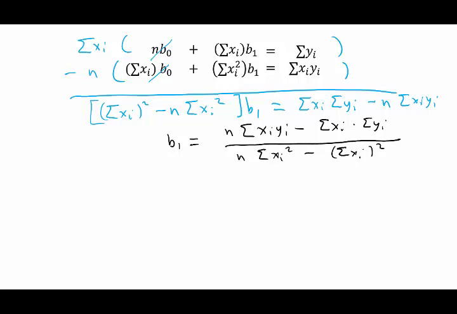But I do want to go back and note that from the first equation, equation 1, if you solve that one for b naught, notice that what you end up getting is that b naught is 1 over n times the sum of the yi minus b1 times the sum of the xi.